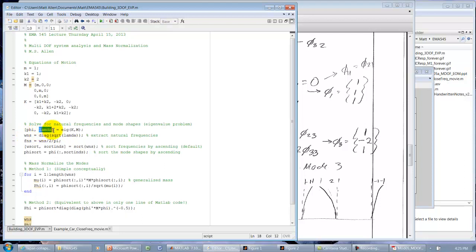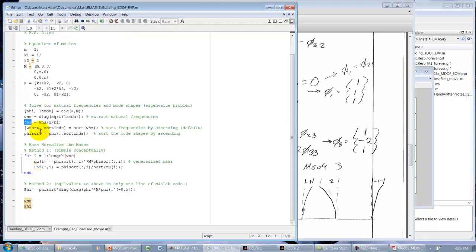This lambda matrix is basically phi transpose k phi. That's what MATLAB gives you by default. And then the natural frequencies, if we want them in hertz, we divide by 2 pi. And here I did a little bit of sorting. I'm sorting such that the natural frequencies are in ascending order. Sometimes they don't come out that way automatically, and this is how you would do this with the sort command in MATLAB.